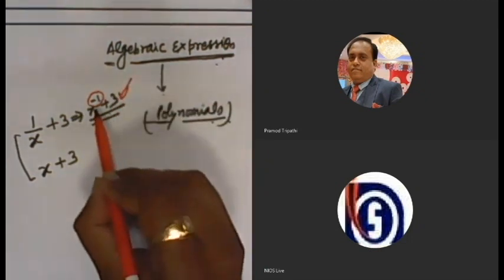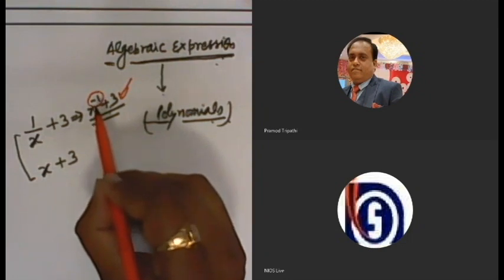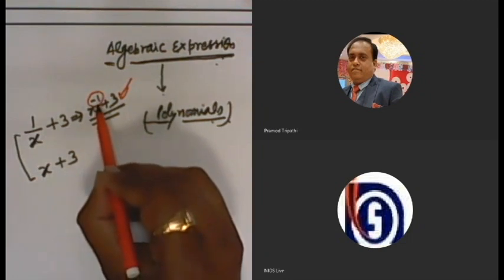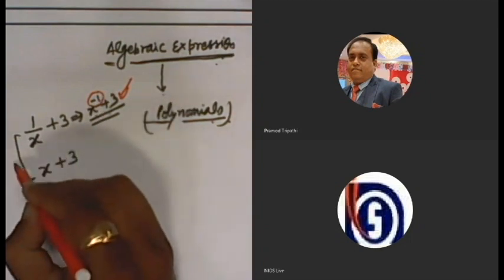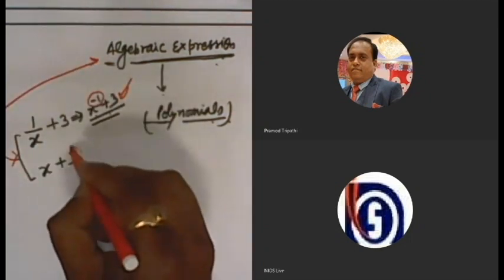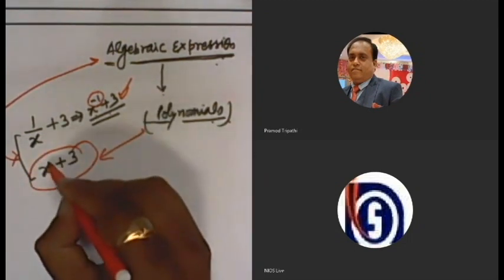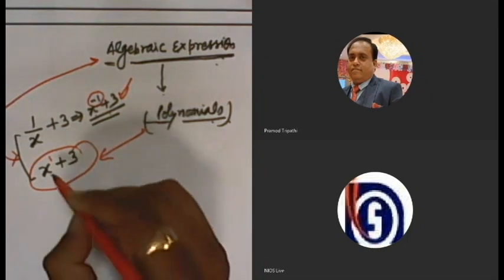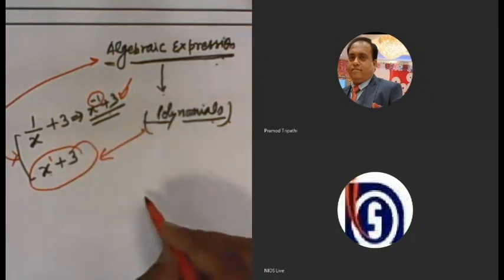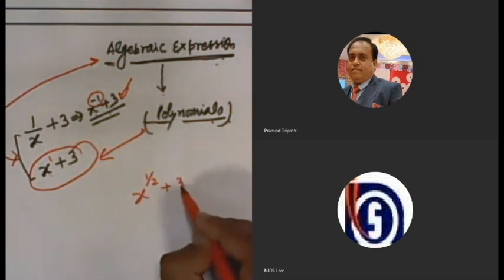The condition for polynomial is the exponent of the variable must be a whole number. So both of these are algebraic expressions, but the polynomial is this one, because the exponent of the variable is 1, that is a whole number.